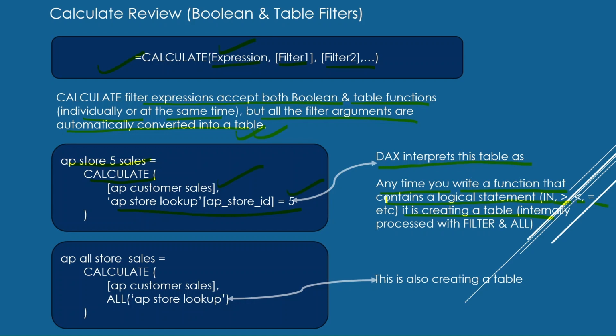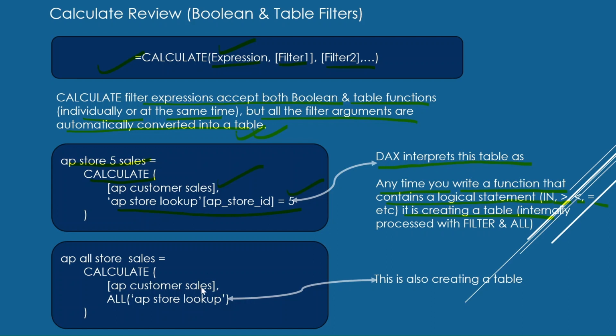So whenever there is a filter condition or a logical statement like IN, greater than, less than, CALCULATE will use it internally: it will create a table and process it with the help of a filter and all.